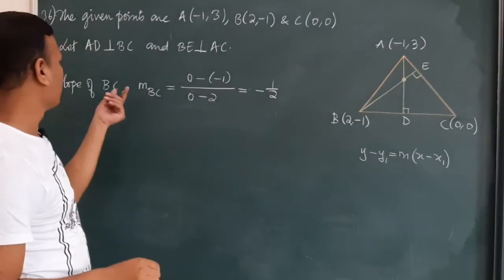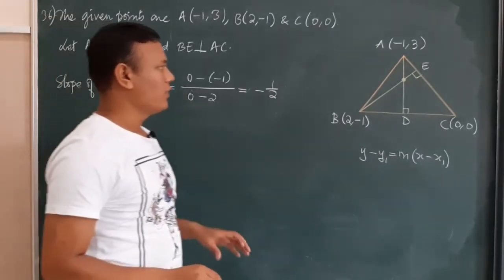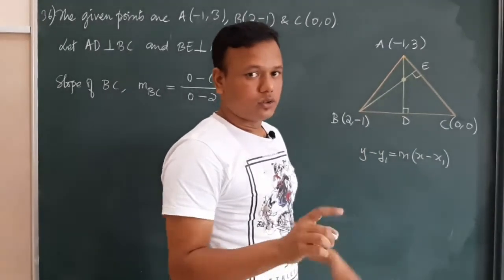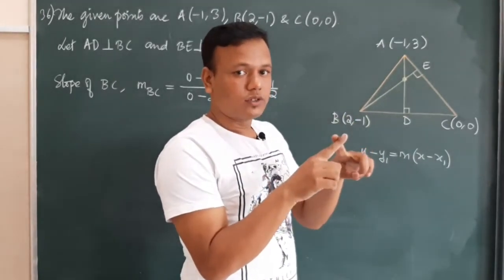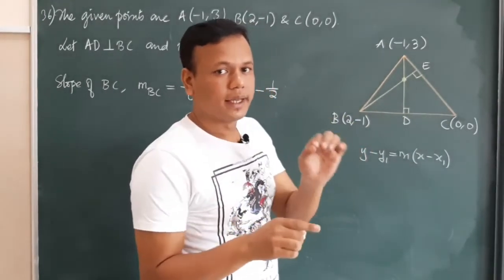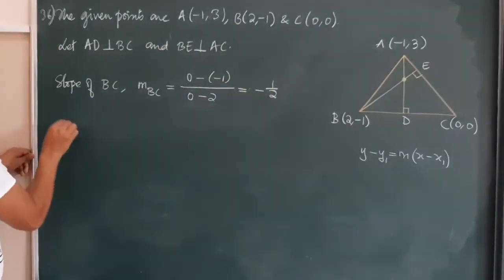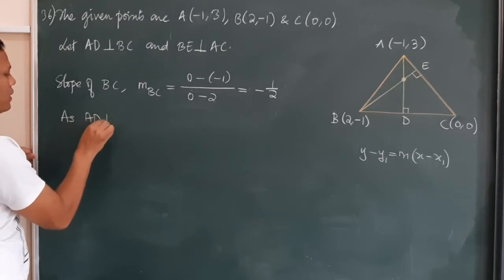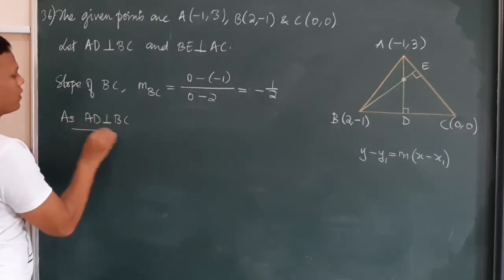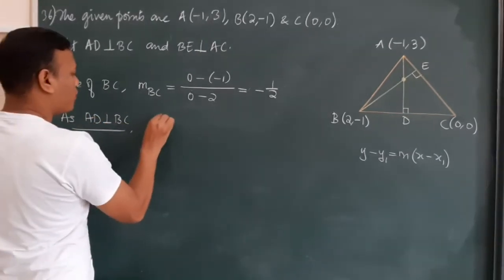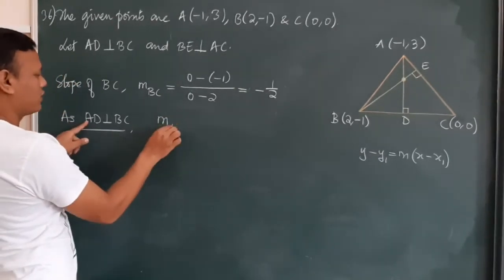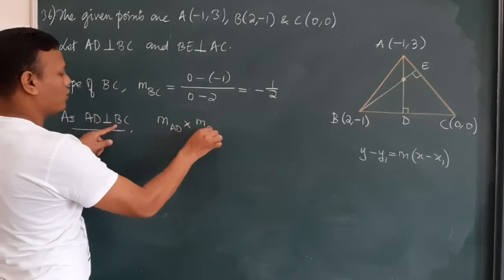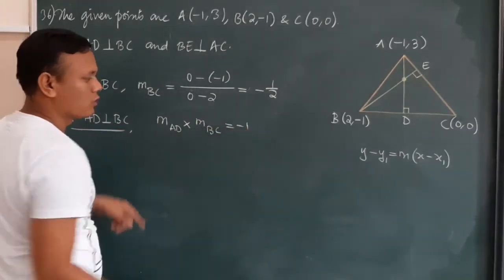This is the slope of BC. Now we know that AD and BC are perpendicular to each other, so the product of their slopes has to be equal to minus 1. That is, slope of AD into slope of BC equals minus 1.